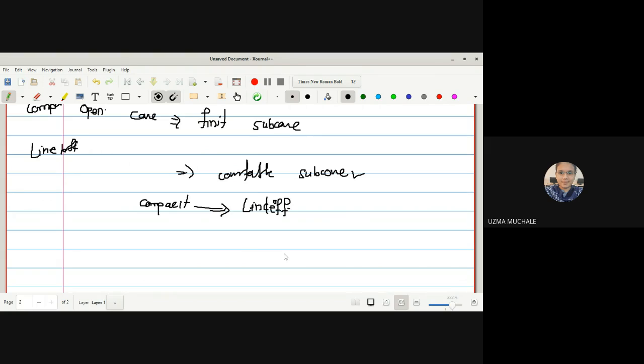And if the compact space satisfies the closed hereditary property, those who remember, we have studied that a closed subset of a compact space is compact, or we can say that being a compact space is closed hereditary. In a very similar way, being a Lindelof space is a closed hereditary property.